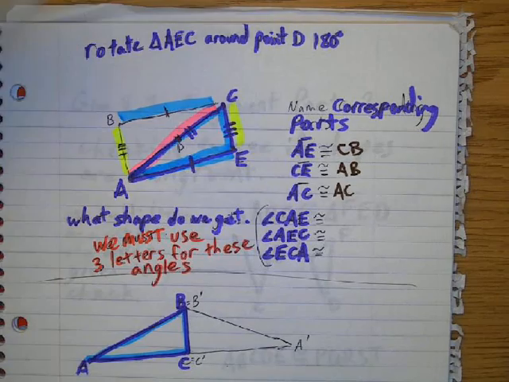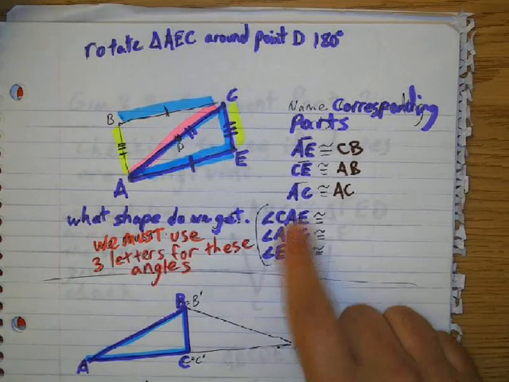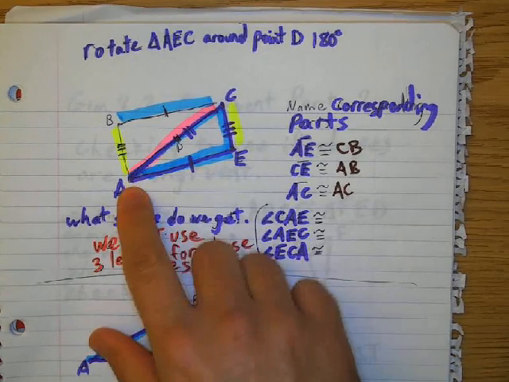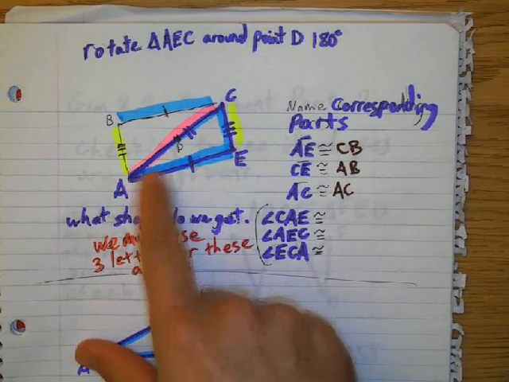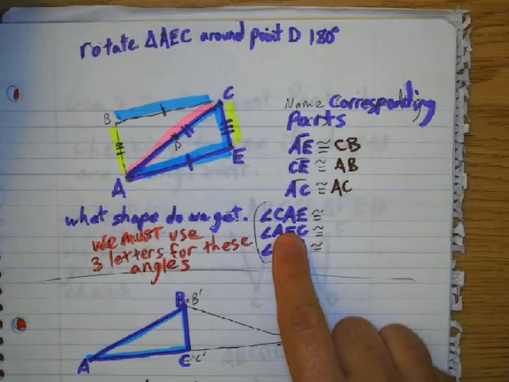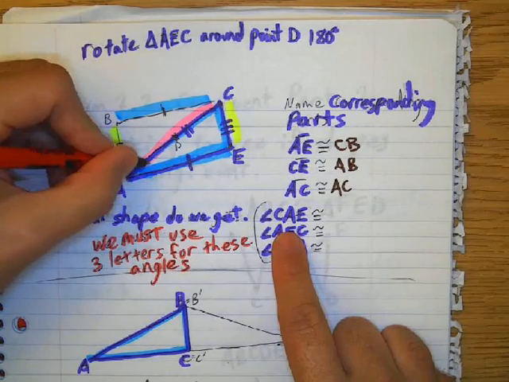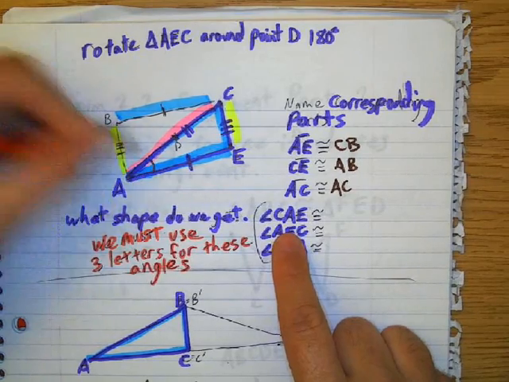Now this is where I have to use 3 letters. I can't just use one because I can't just call this angle A, since I don't know what angle I'm talking about. So angle CAE is this angle between the pink and the blue.